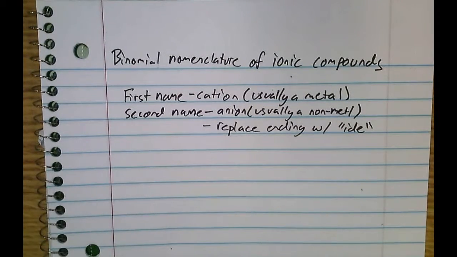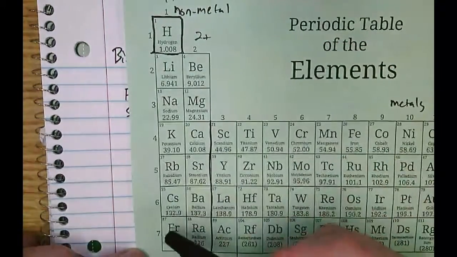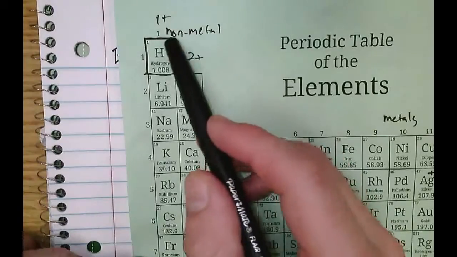And this isn't going to work for every single type of metal, and we have another video out for how to do it with the transition metals. But this is going to work for every metal that we know the charge of based on its position on the periodic table. So what I mean by that is we've got this whole first column where everything's going to take on a +1 charge.